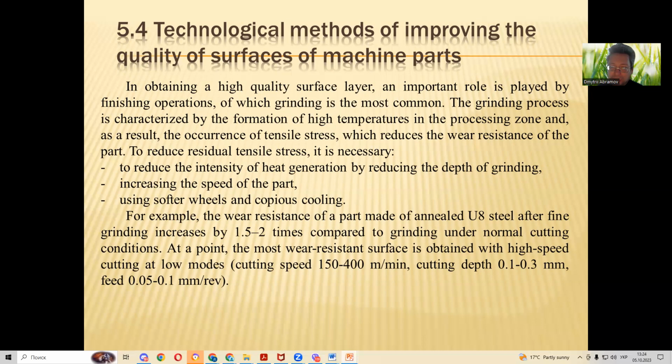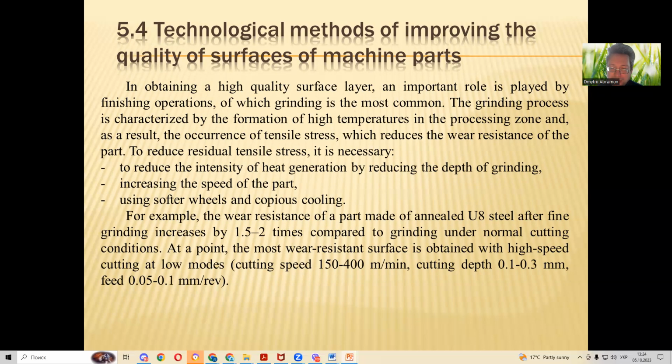increasing the speed of the part, using softer wheels and copious cooling. We can use coolant. For example, the wear resistance of a part made of annealed U8 steel after fine grinding increases by 1.5 or 2 times compared to grinding under normal cutting conditions.